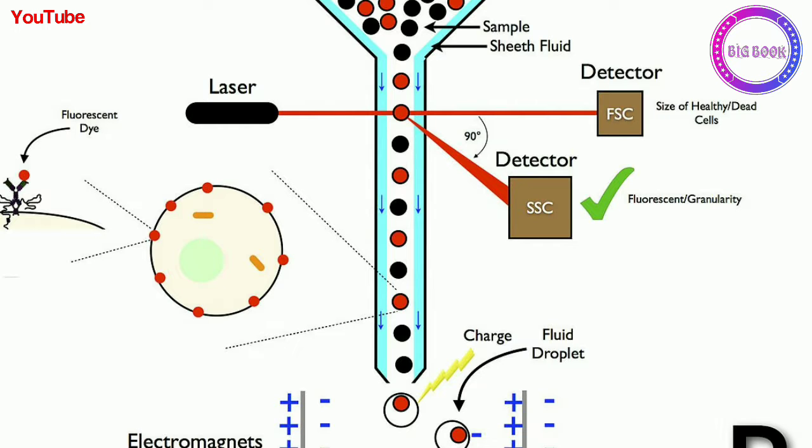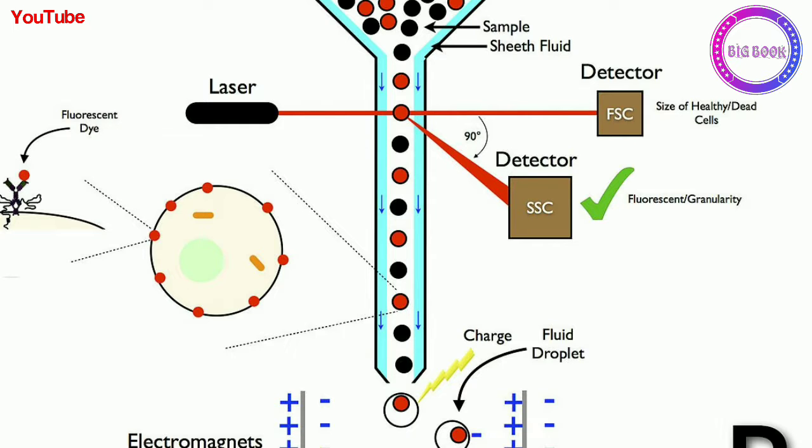Schematic representation of a flow cytometer showing the sheet fluid, sample and the light source, forward detectors, sideward detectors, electrical ring, and the next slide will be showing the further schematic representation.